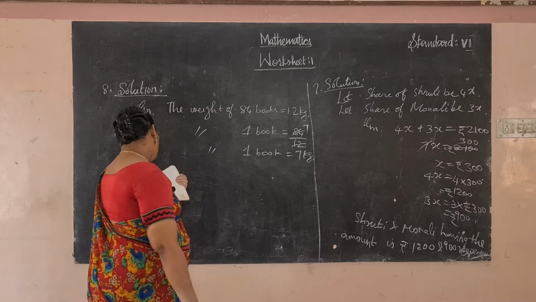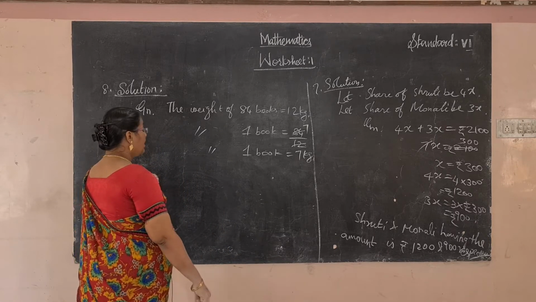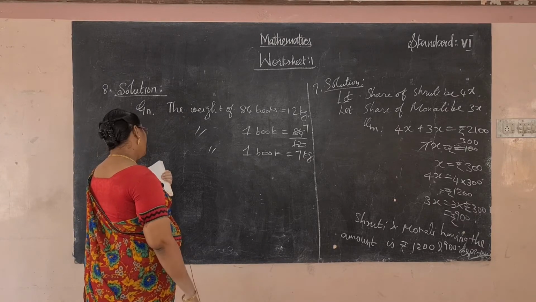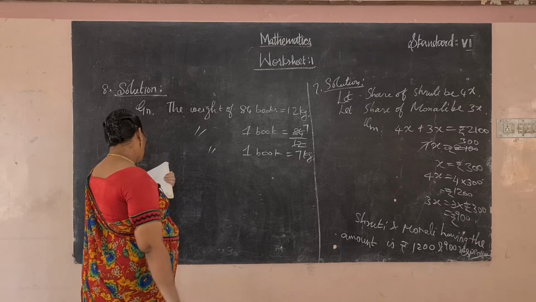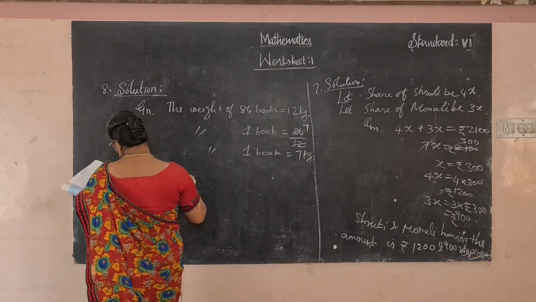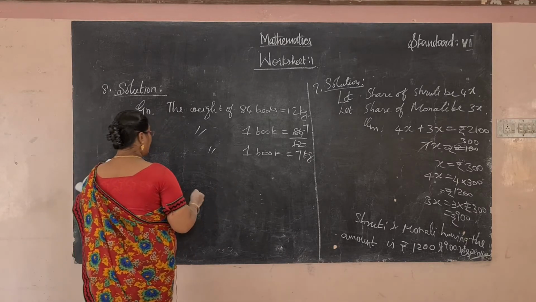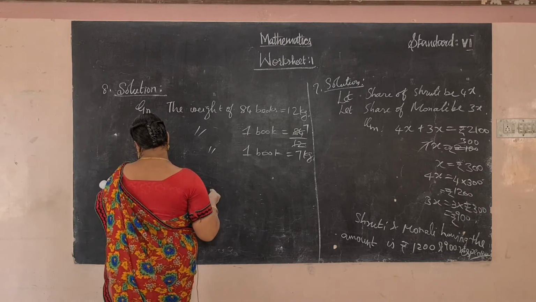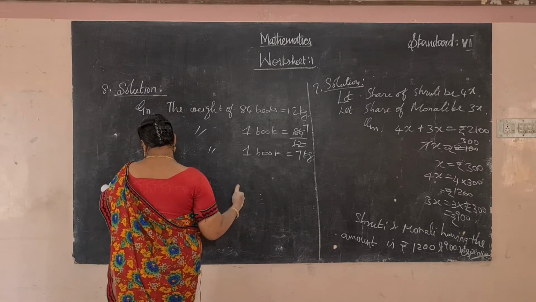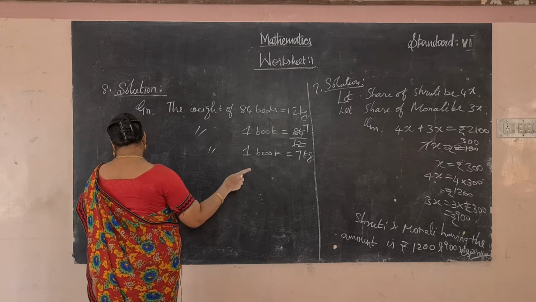We have to calculate the weight of 35 books. So one book is equal to 1 by 7 kg.